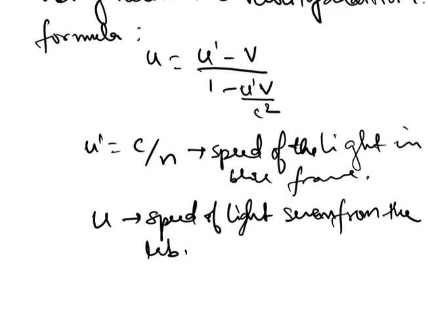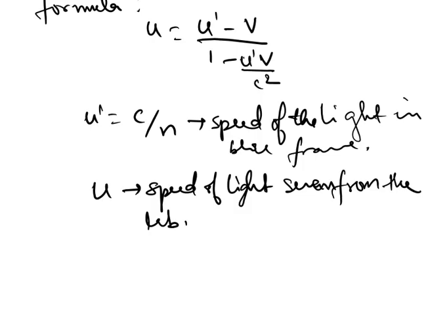So we can write that u is equal to c by n minus v by 1 minus v by nc.